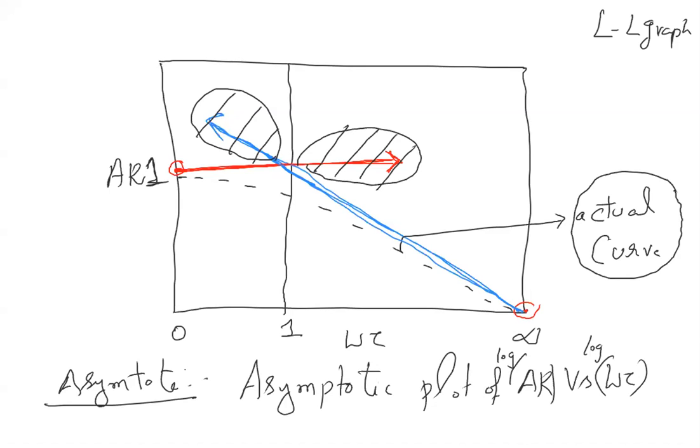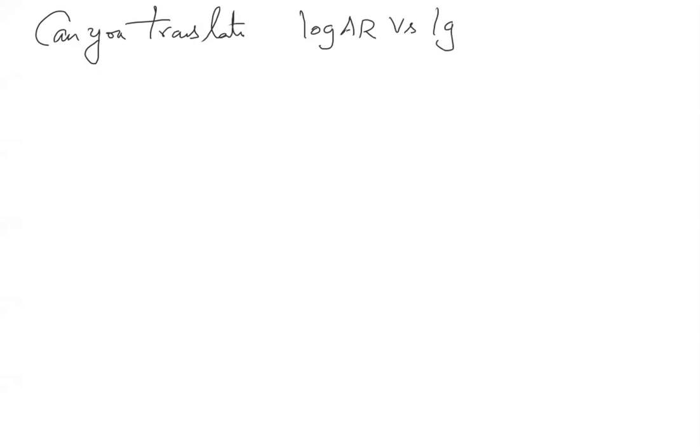Now, next point is, can you translate log AR versus log omega tau to log AR versus log omega?